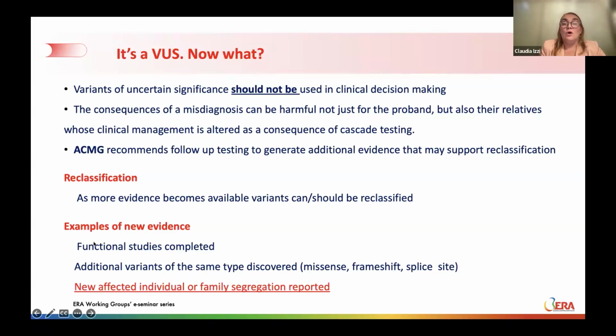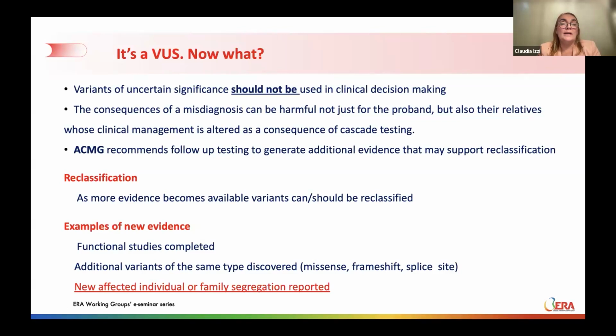Some examples of new evidence to reclassify are functional studies of the variant that we have identified, or additional variants of the same type reported. And last, new affected individuals or family segregation.